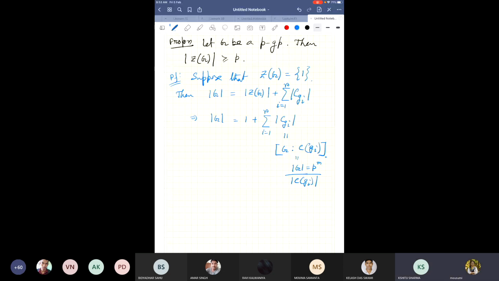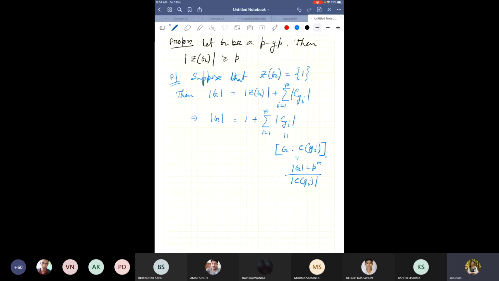Now, is it possible? Look at this equation. Each of them is divisible by p, and you have 1 plus some multiple of p, and this is also divisible by p. Is it possible? It is not. So the assumption that I made is not possible.